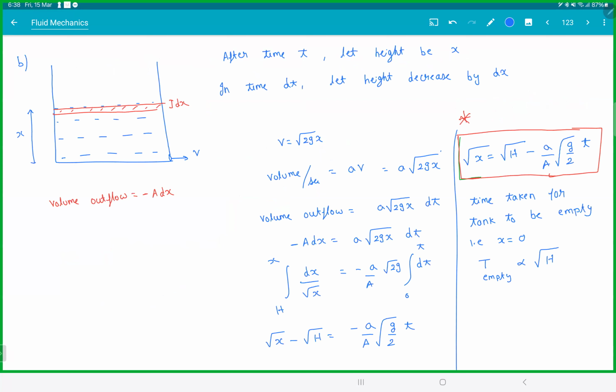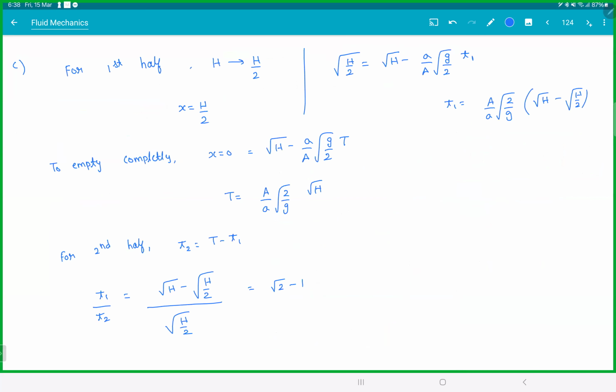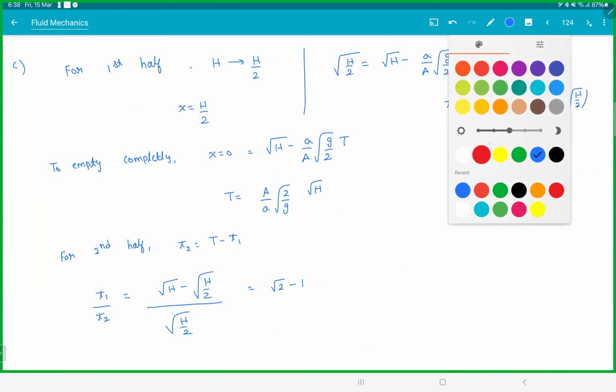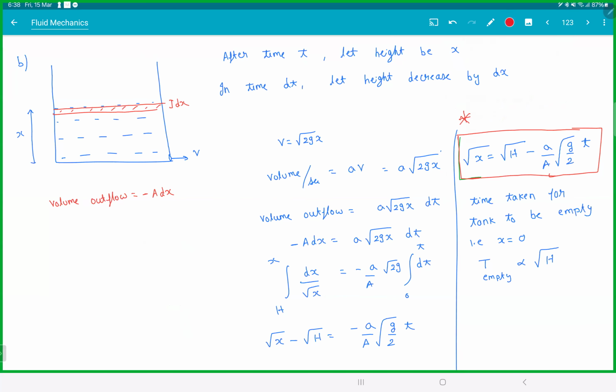Previous page here. Let's check it out. Clear? Please check. Or if you want to use this formula only, can you tell me what will change in the formula? When you're going from H by 2 to 0, this H will be H by 2, no?